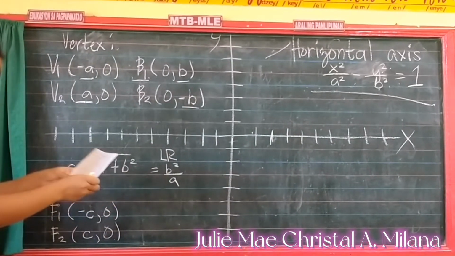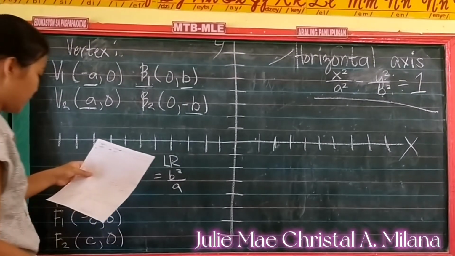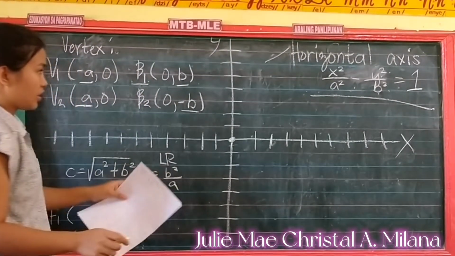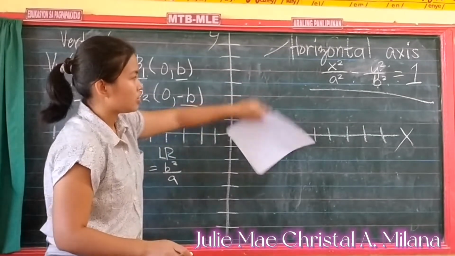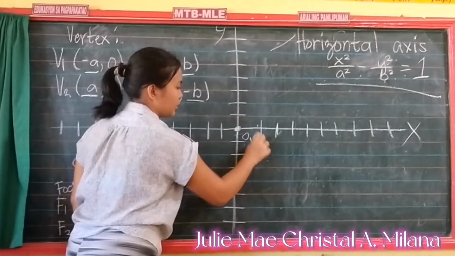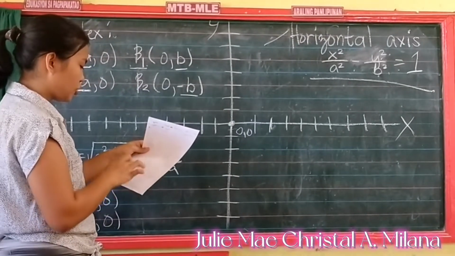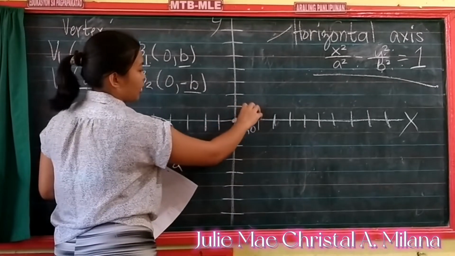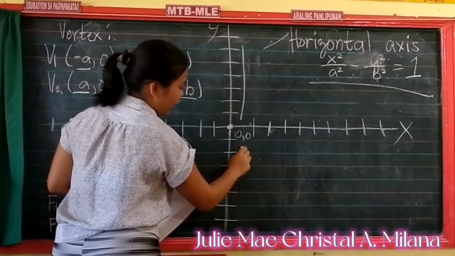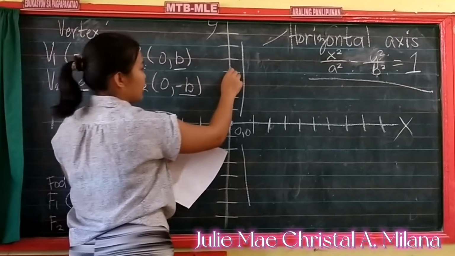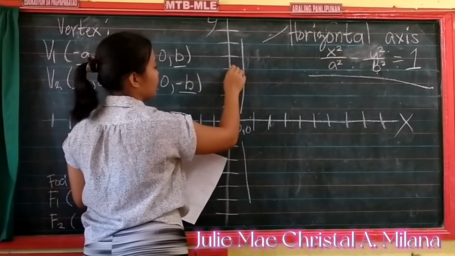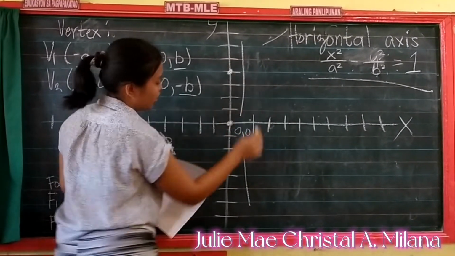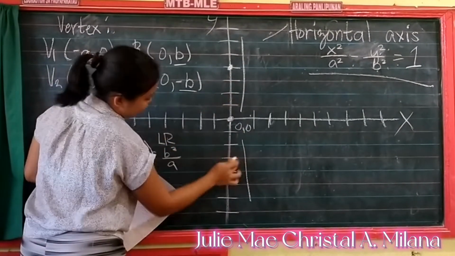So now let us illustrate this. The center is 0, 0, the usual center. Then the conjugate axis, since it is horizontal, covers upward and downward. So here we put the example, the given numbers. Then 1 2 3 4.